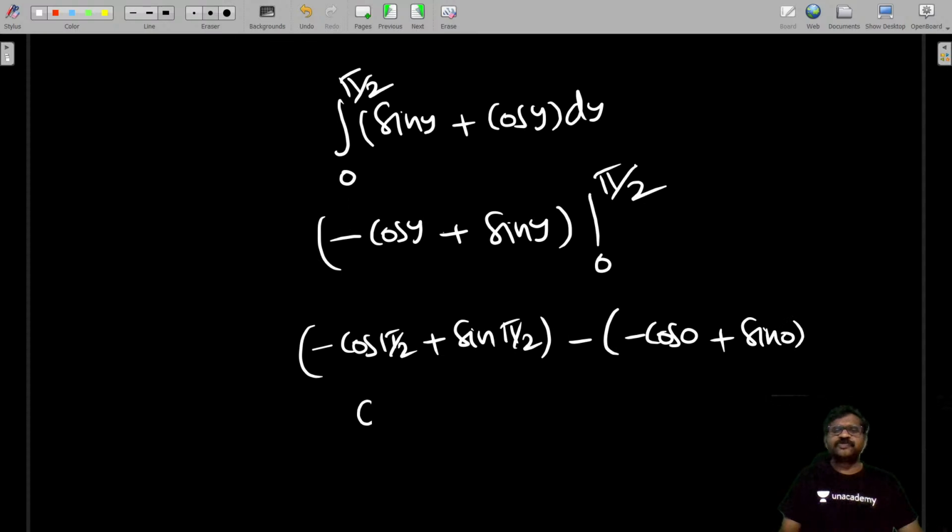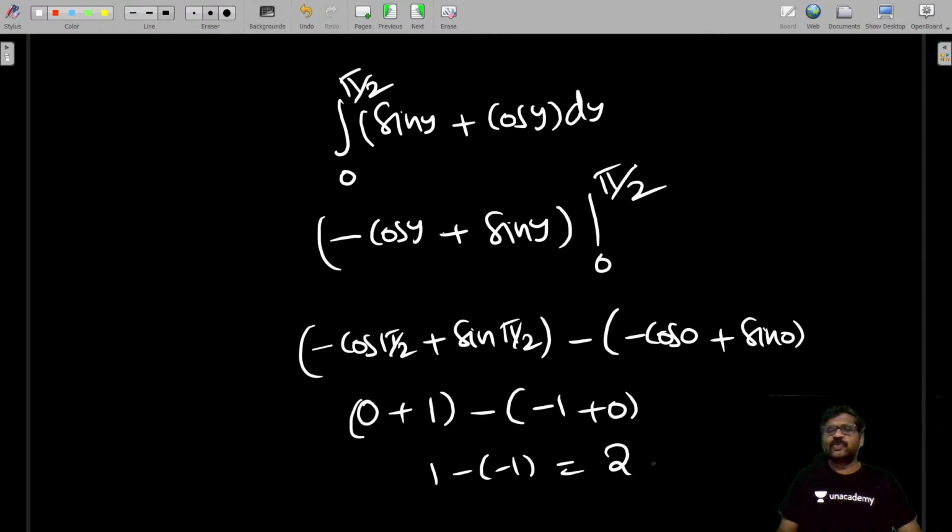Cos pi by 2 is 0. Sin pi by 2 is 1. Minus of minus cos 0 minus 1. Sin 0 is 0. Finally, 1 minus of minus 1, that is 2. The value of double integral is 2.